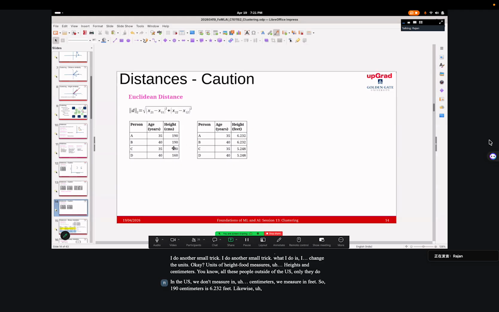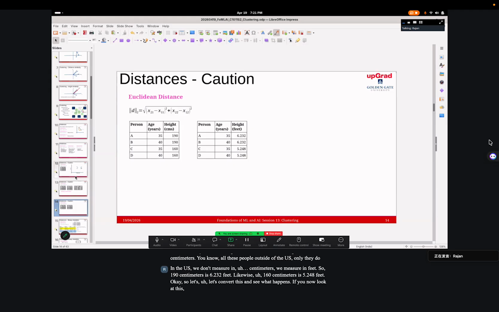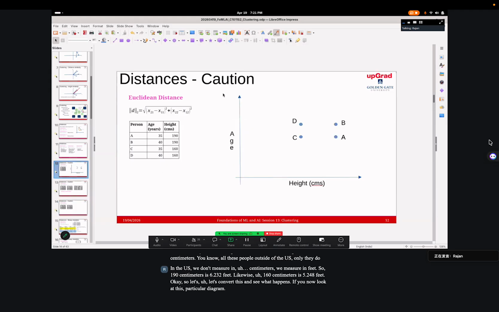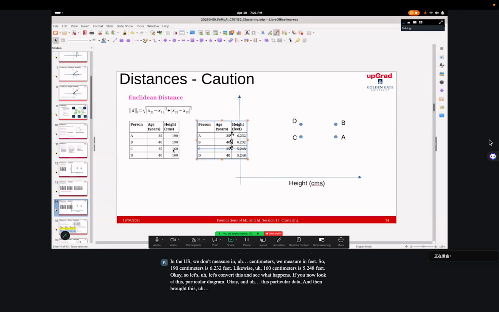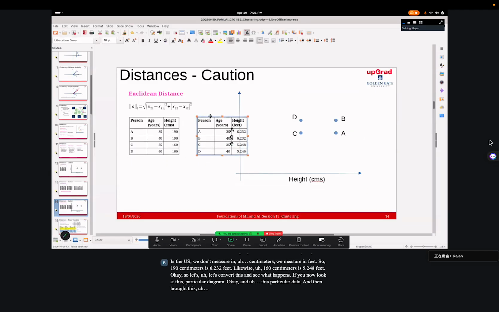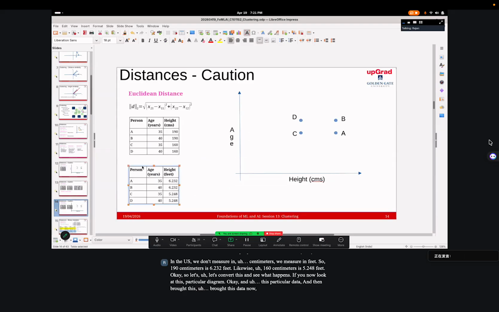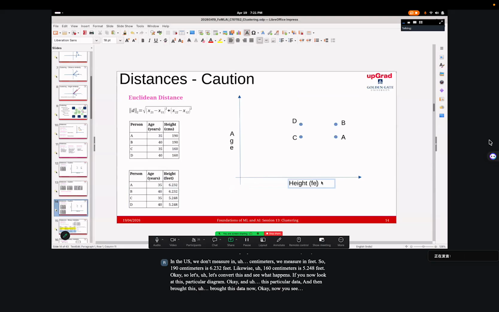Likewise, 160 centimeters is 5.248 feet. Let's convert this and see what happens. If you now look at this particular diagram and this particular data, and then plot this data now, you see what happens is this.